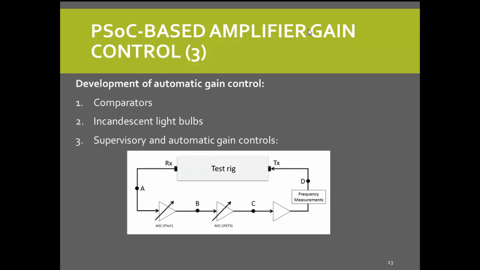And the AGC between point B and C is a JFET-based amplifier, and the signal at point C should always be the same. And then there's a fixed amplifier to have a voltage at this level between the voltage rails.